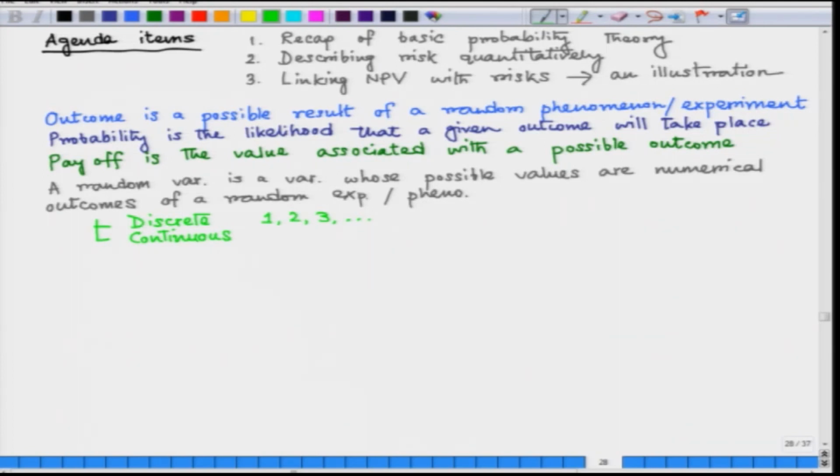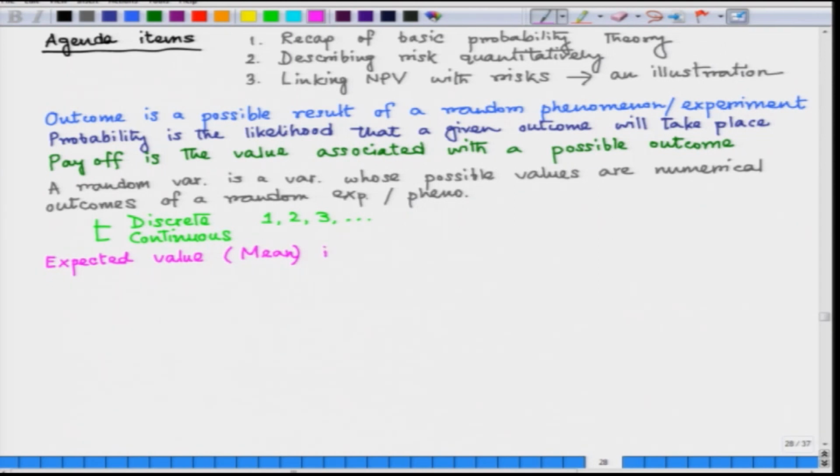Now, we are going to introduce a very important concept called expected value, which is also known as sometimes mean of the random variable also.